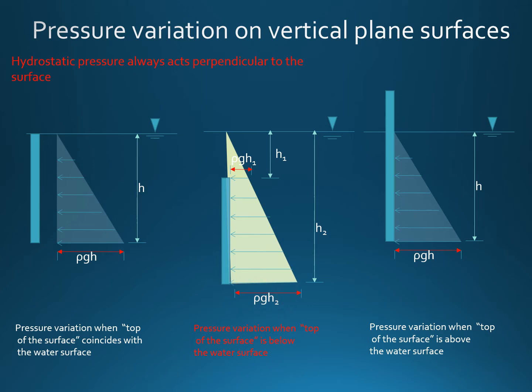So the pressure distribution figure is trapezoidal like this. And the last one is the vertical plane surface which is only partially immersed, which means the pressure starts from this point. Above that point, the pressure is 0, and below that point, we see the increase in pressure.